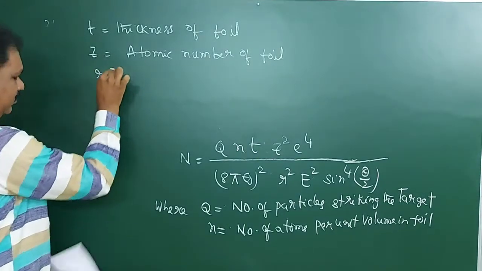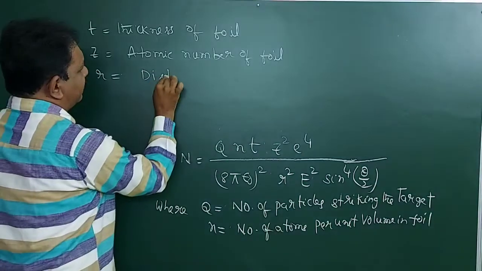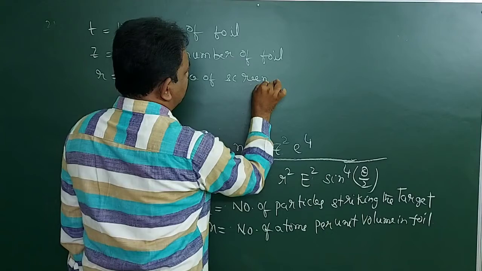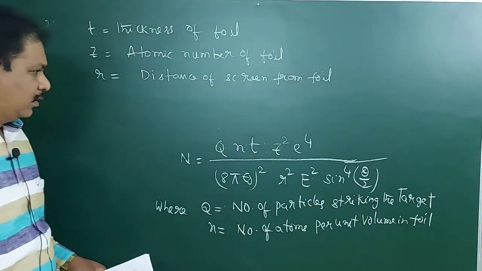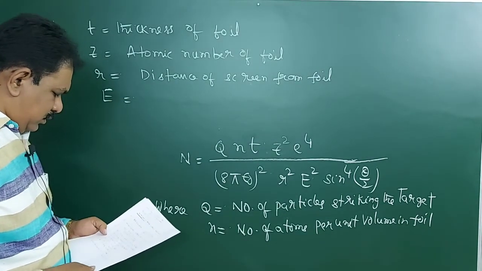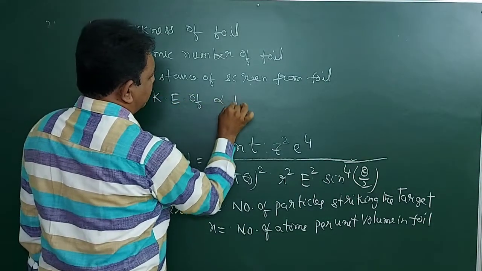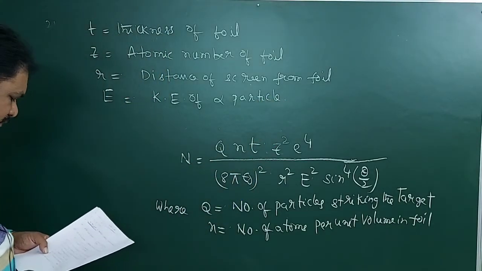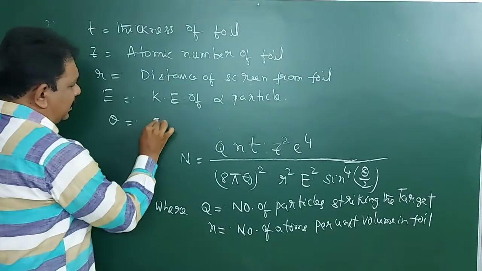r will be the distance of the screen from the foil. Okay, and E will be the KE of the alpha particle, and theta will be the angle of scattering.